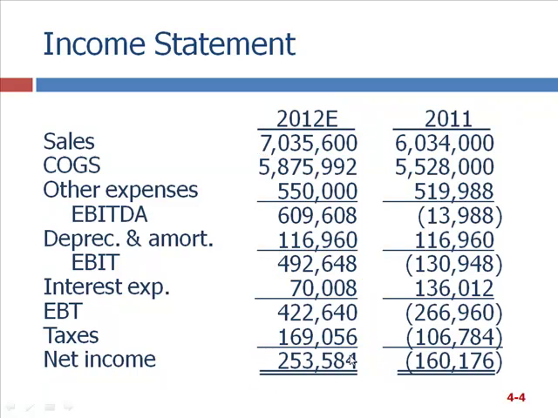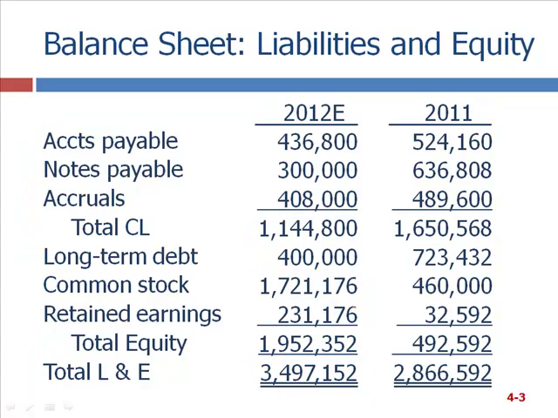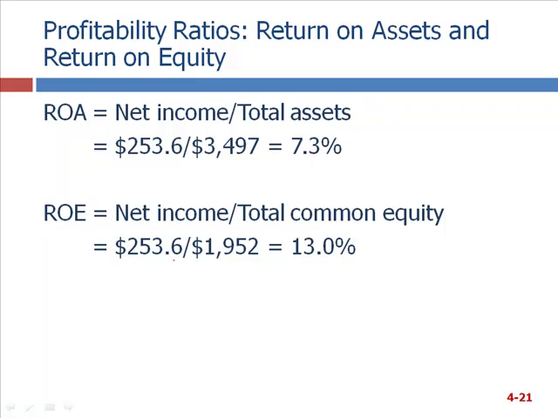Here's our income number at the bottom of the statement. And then we would also look at total shareholders' equity. Here's the shareholders' equity section, and total equity is right here. Just a little under $2 million. So a net income of $254,000 approximately, divided by total common equity of just short of $2 million. Divide those two numbers and we get 13%.